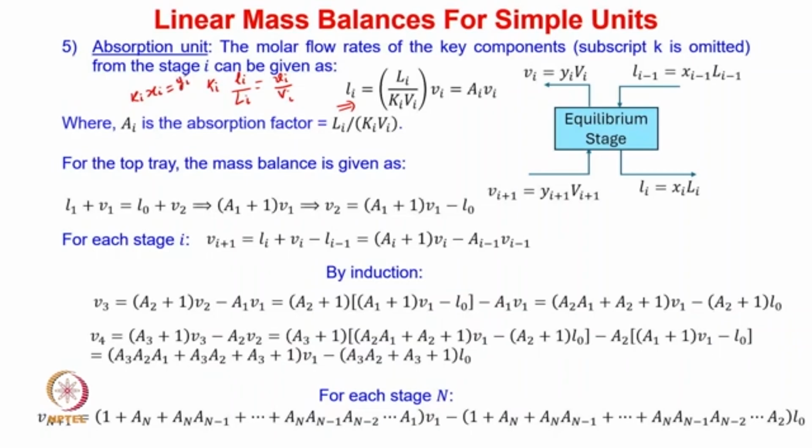This is the equilibrium relation which we are using everywhere, but now represented in a different form. We have rearranged this equation slightly and defined capital L i divided by K i capital V i, this entire bracket term, as the absorption factor A i.